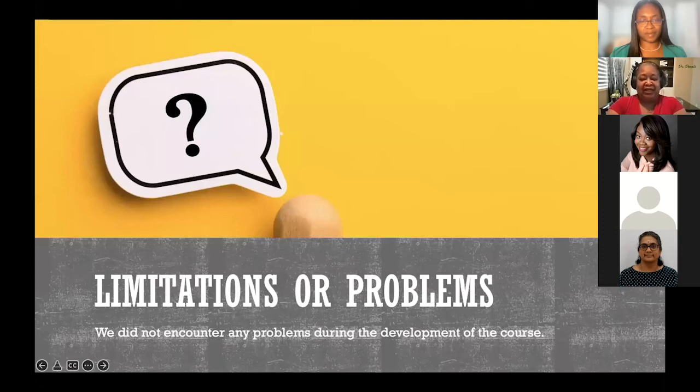As far as limitations or any problems we encountered, it wasn't any major problems. It's just going back and forth between the three of us, making sure we had some solid student learning outcomes, some solid objectives for the course, picking out a book that would cover the topics that could be covered in the semester. And this is an introductory course because it is 105.